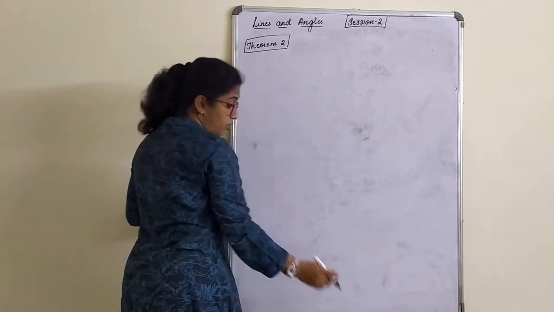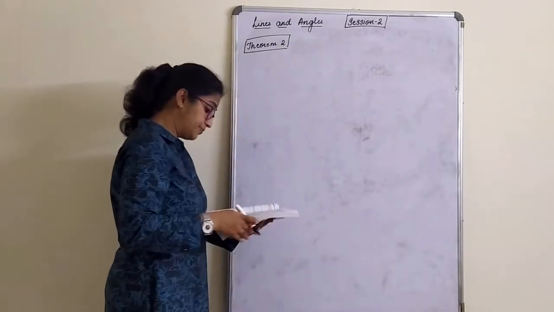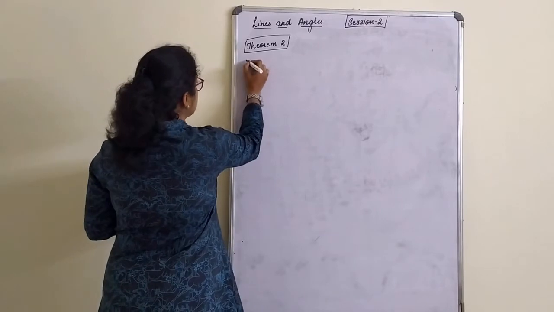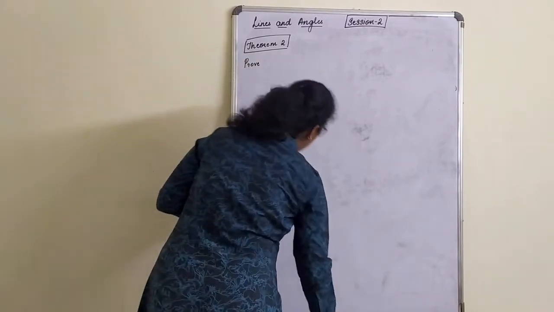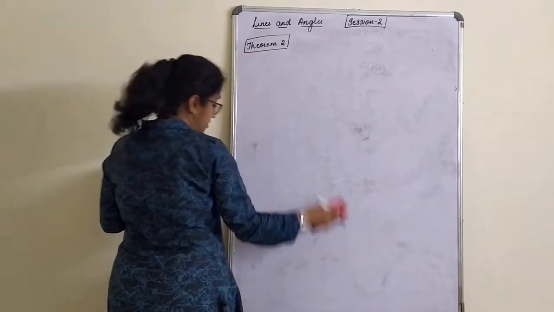If a transversal intersects a parallel line, or usually we don't say prove that, directly the theorem statement will start.